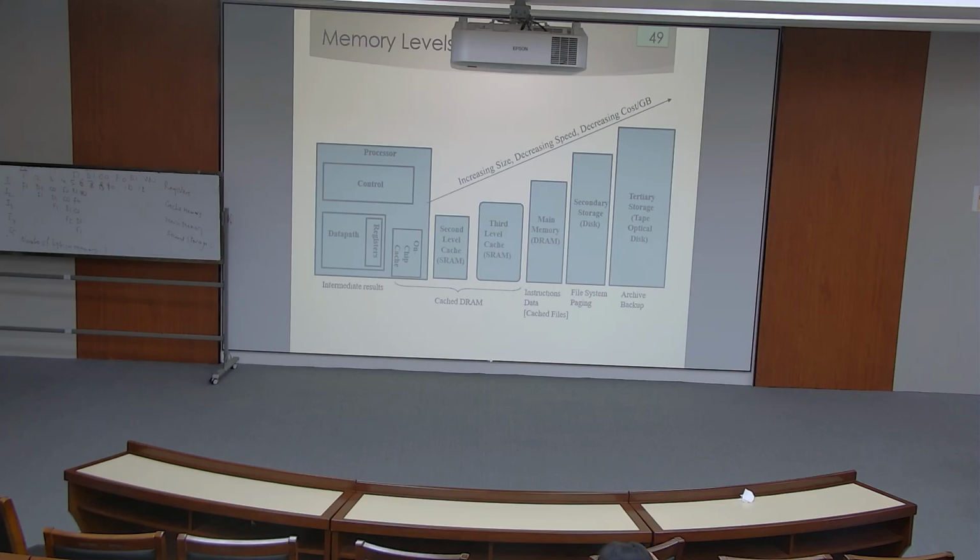Then we have different levels of the memory. Cache memory, level 1 cache memory, level 2, level 3, depending on the technology. Cache memory is there to store the most frequently used data and instructions. Then we have main memory to store active data.